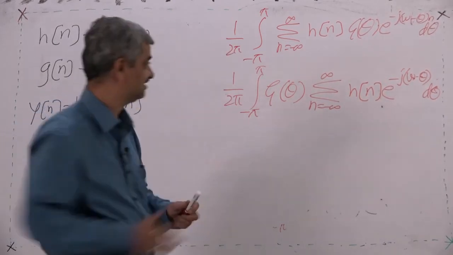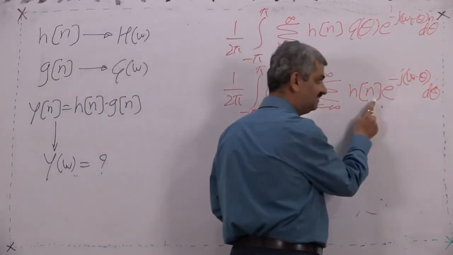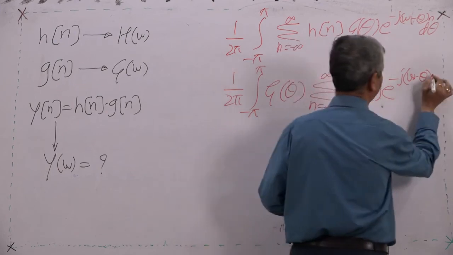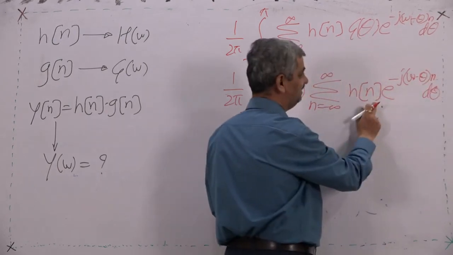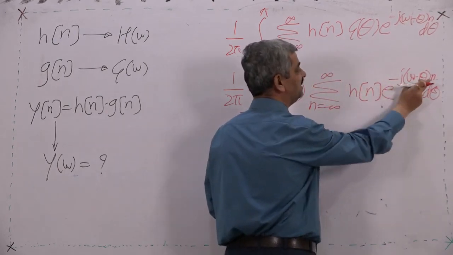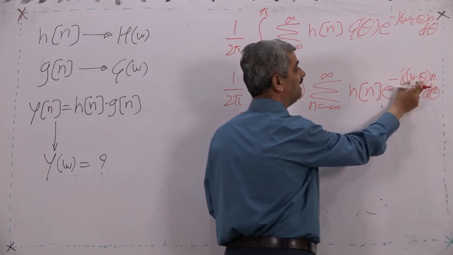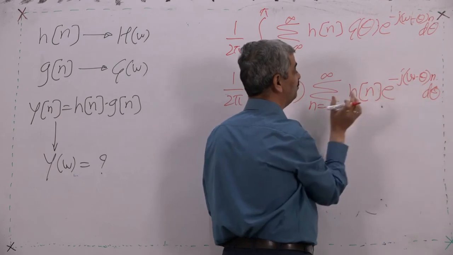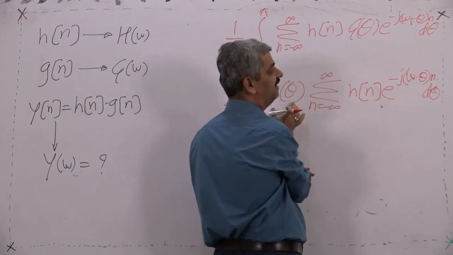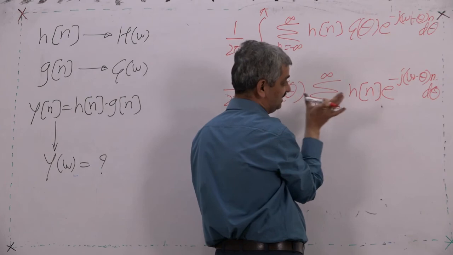So what is this? h n e raised to minus j something into n. So it is the DTFT computed for omega minus theta. You can't compute it for theta, because that is the variable inside.